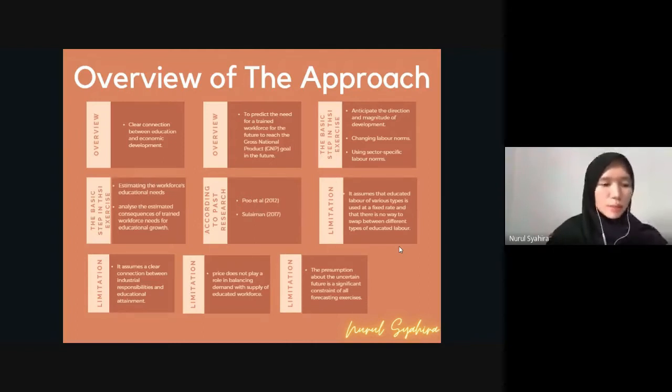According to past research, Ho and the others used the manpower requirement approach and found that the amount of manpower needed to generate the same unit of production in a time frame has decreased and production growth outpaced employment growth, indicating higher labor productivity in manufacturing and other industries, especially among the highly skilled.